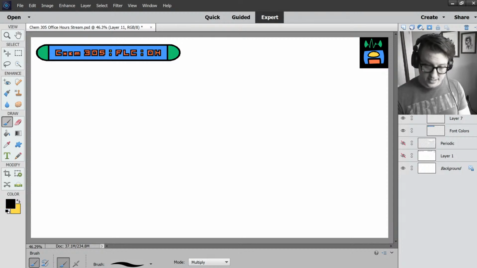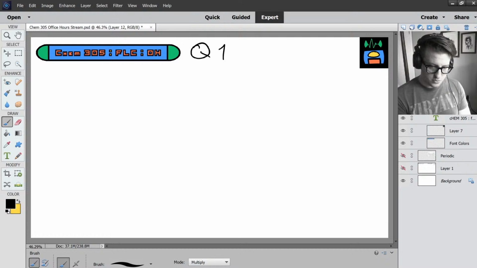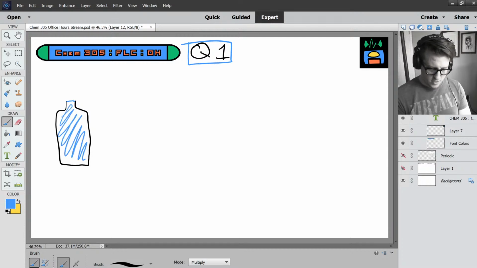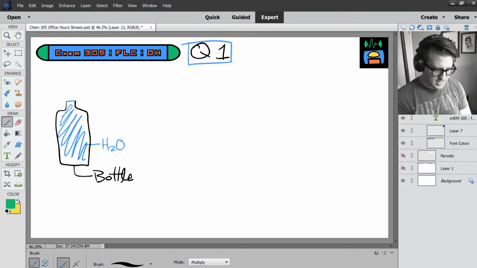So let's set the stage here with the actual question number 1. Here, you have a collection bottle that's totally filled with water. All right, so you've got water, you've got the bottle, and then you put this glass plate on top, all right?